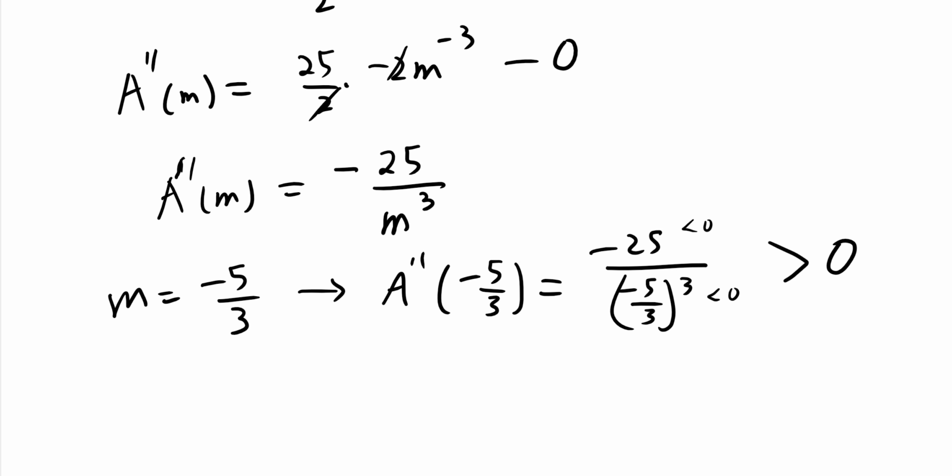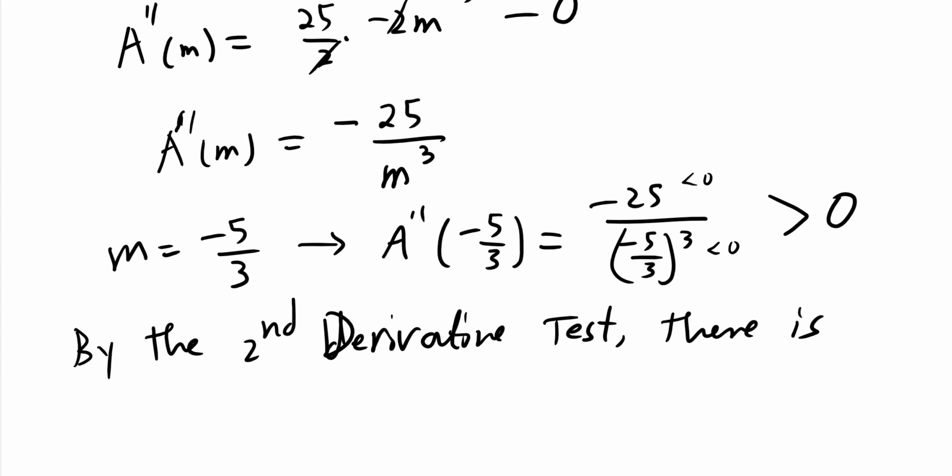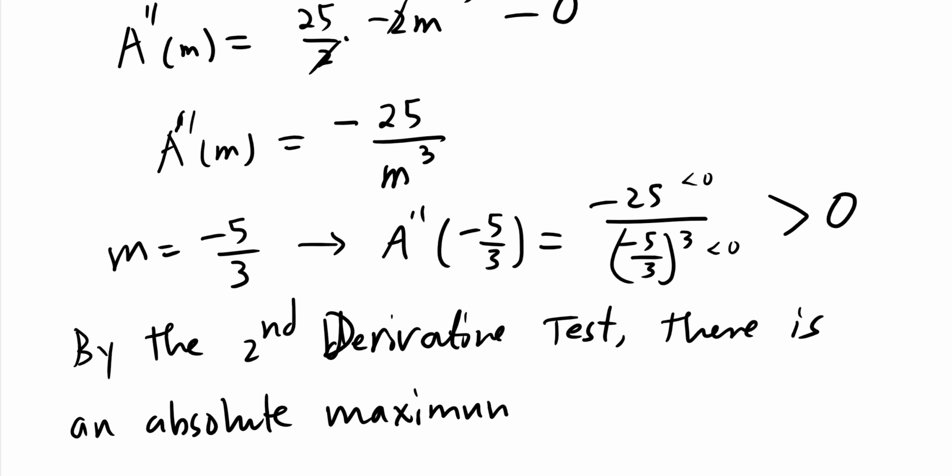This means by the second derivative test, there is an absolute minimum when m equals -5/3.